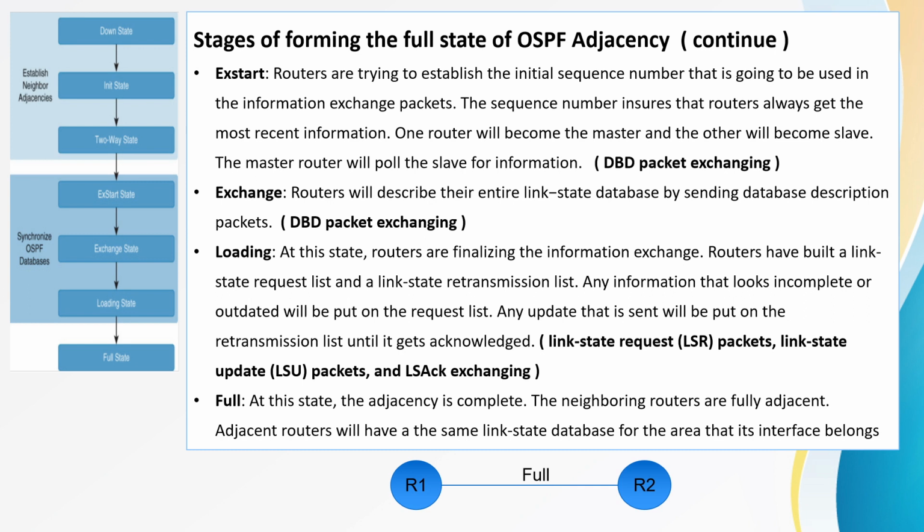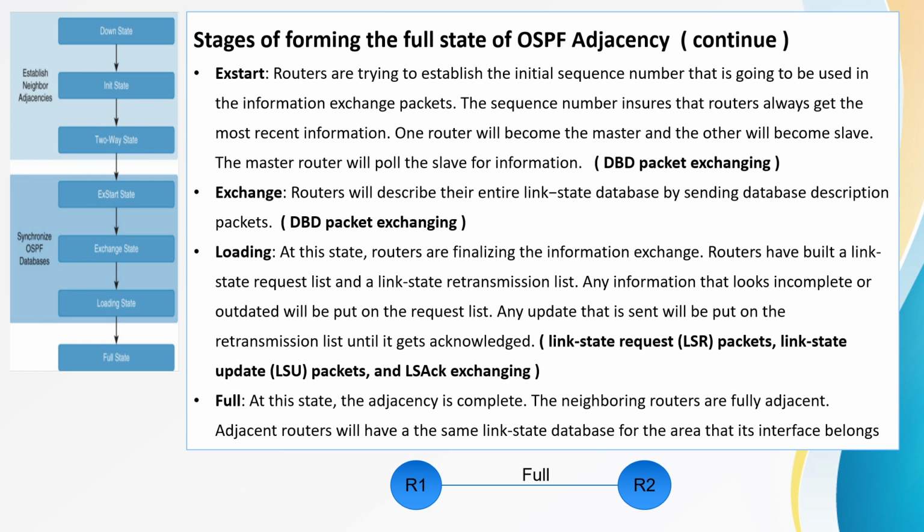The next state is called exchange. Routers will describe their entire link state database by sending database description packets. This state is also a database description packet exchange. The next state is the loading state.